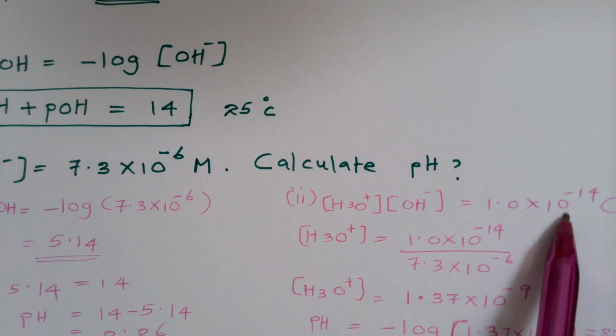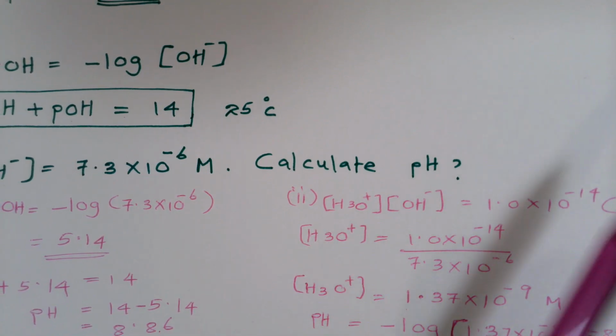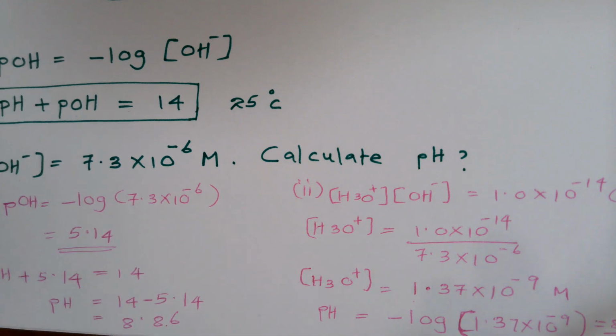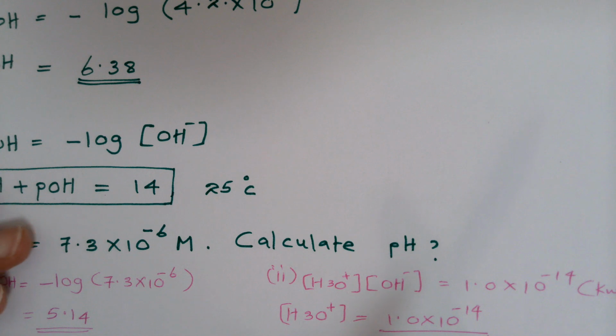This is Kw, we call it the ion product constant. And then if you know the H3O+ concentration, you can apply the pH equation: pH is equal to negative log of H3O+. Then you get the same value. Either method you are comfortable with, you can choose to calculate your pH or pOH.